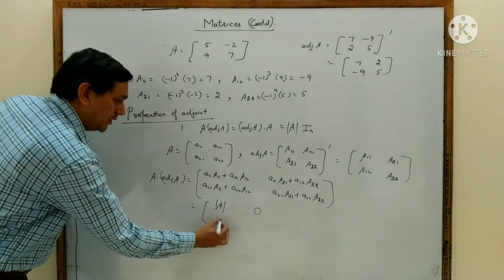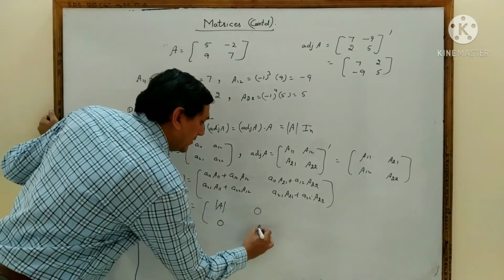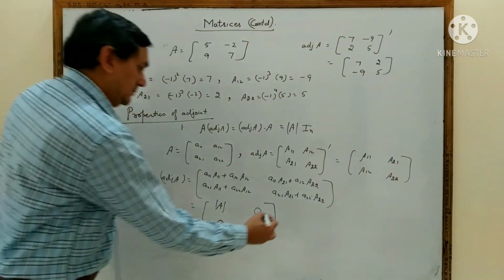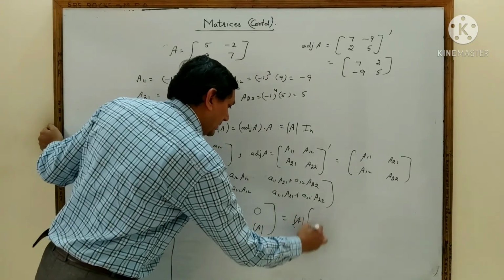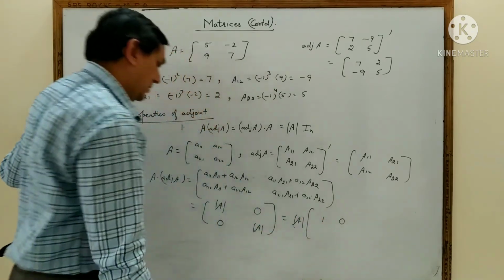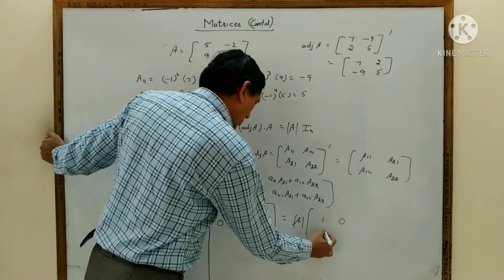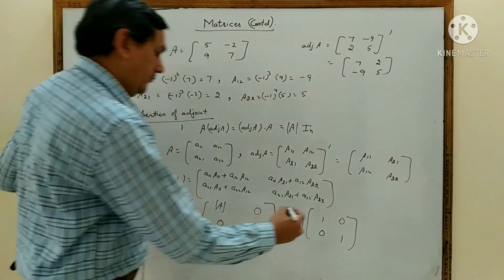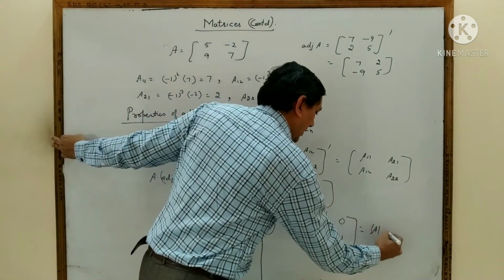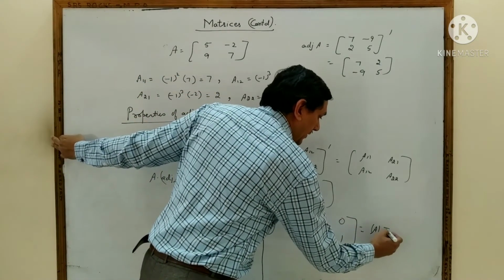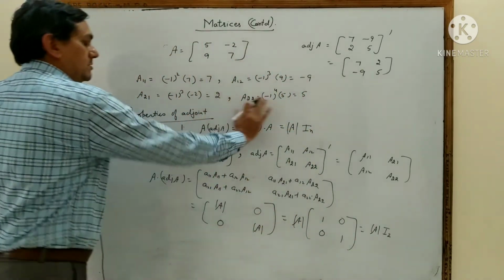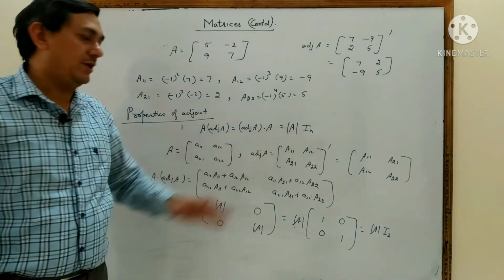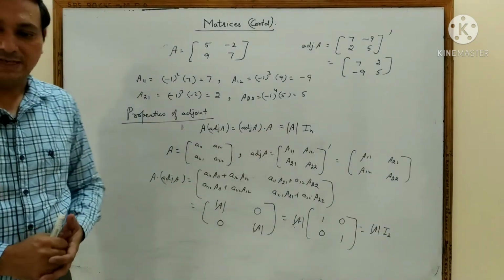By the same law, it also becomes 0. We can take determinant of A common. When we take common from the matrix, we divide all the elements. So it is determinant of A, I 2 in this case, which proves the property. We can also multiply adjoint of A by A, and the result will be the same.